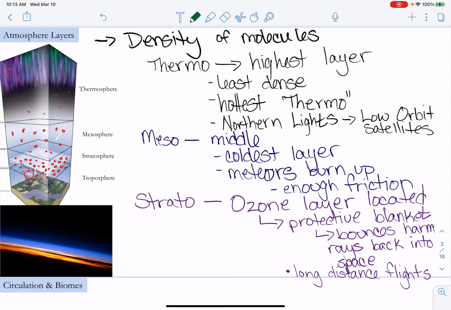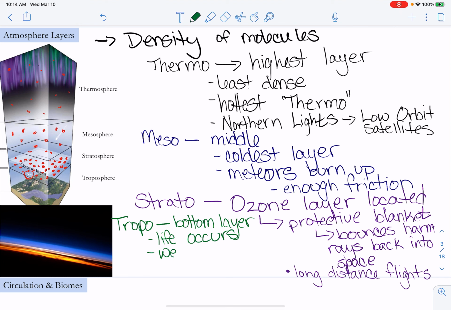But the one that we really interact with the most is the troposphere. This is the bottom layer. This is where life occurs. I'm also going to say this is where weather occurs.